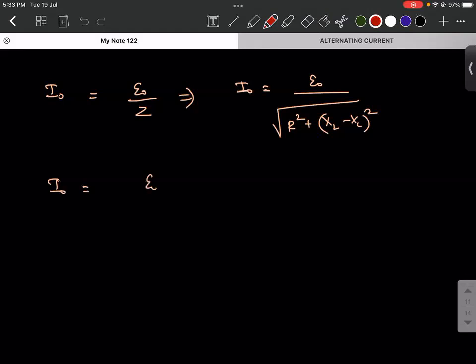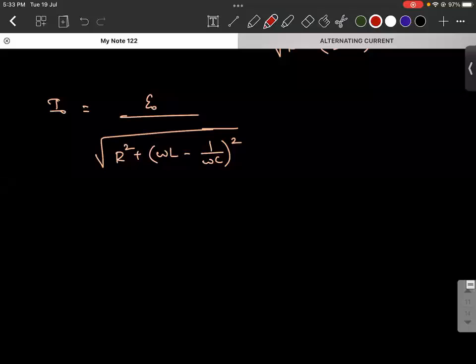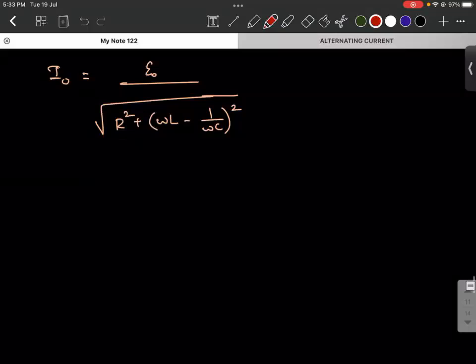So I naught will be equal to E naught divided by root of R square plus, can I write this as omega L minus 1 by omega C the whole square? Can I do this? Right?